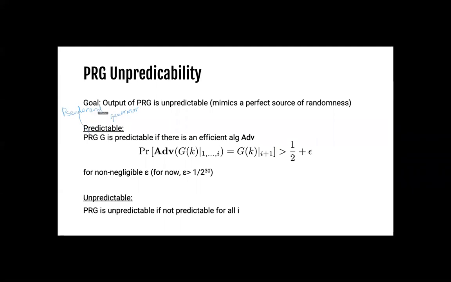Pseudo-random. Thank you, Dean. Cool. So if there is an algorithm, ADV, such that this algorithm is able to predict a future generated value from the pseudo-random generator with probability greater than 1/2.